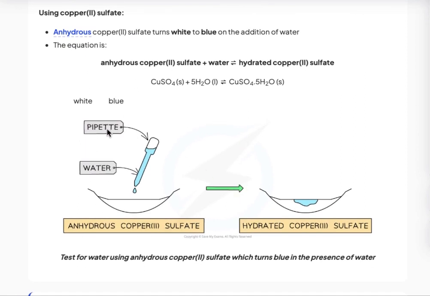This is a pipette. We suck water with it, and then we drop the water onto this white solid anhydrous copper 2 sulfate.